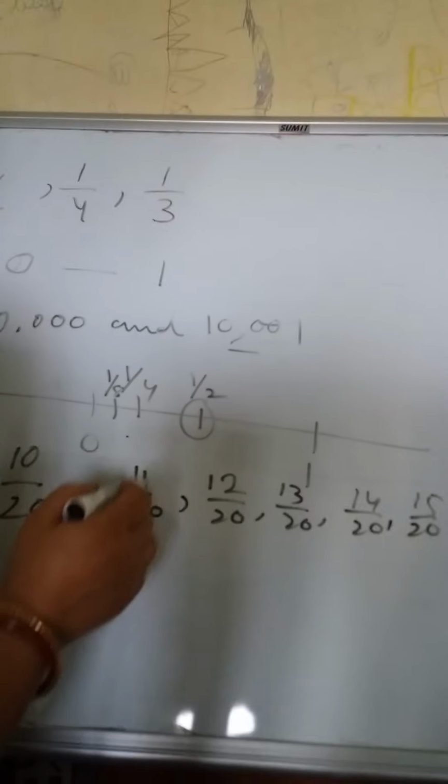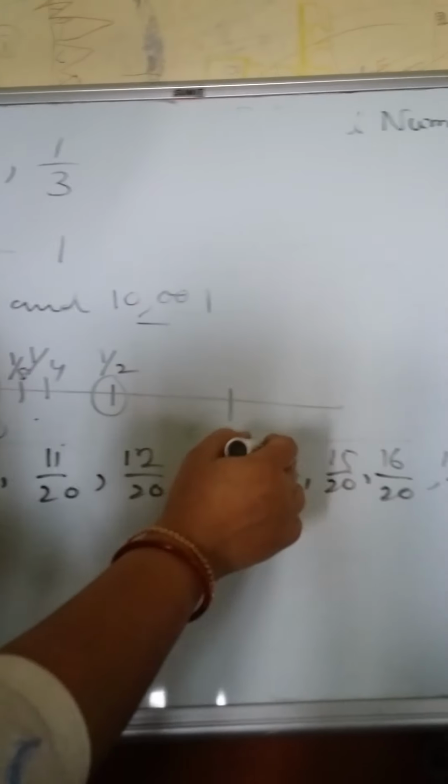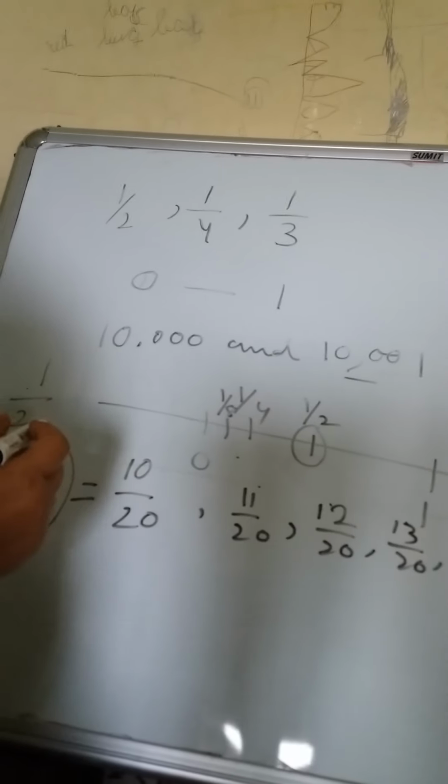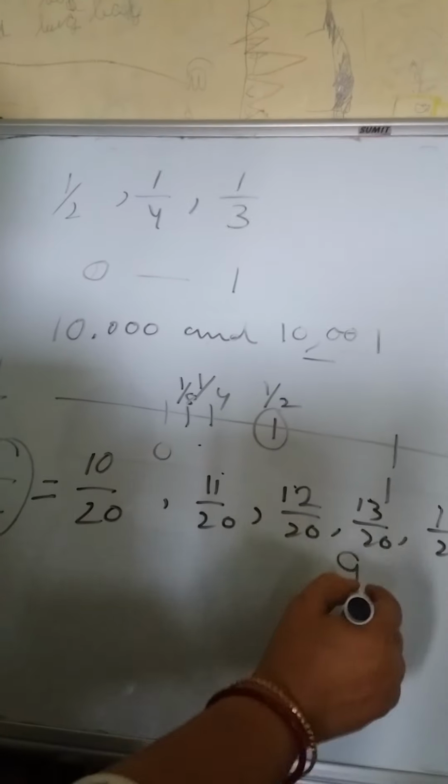Now 20 by 20 is 1. So it is half and this is 1. So between half and 1, how many rational numbers? 1, 2, 3, 4, 5, 6, 7, 8, 9. 9 rational numbers.